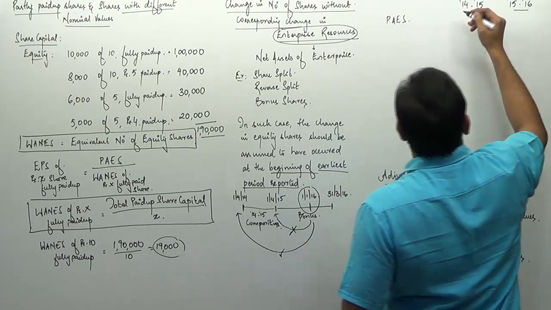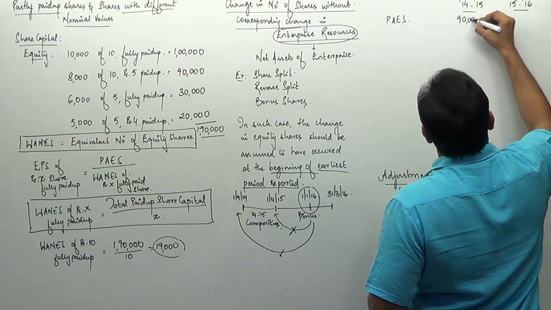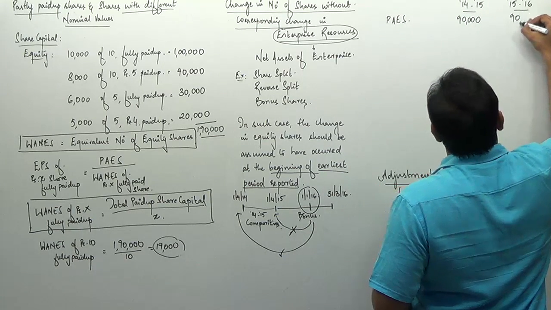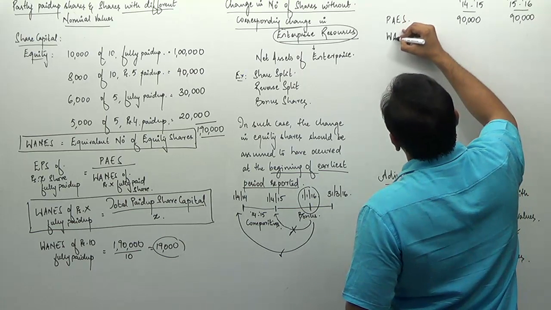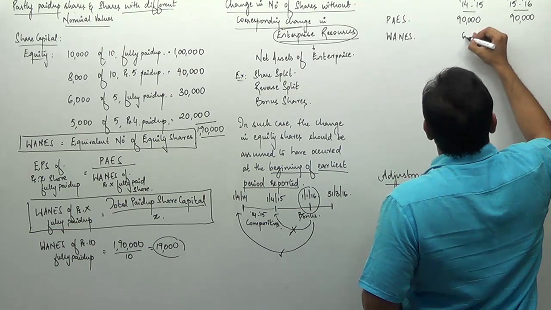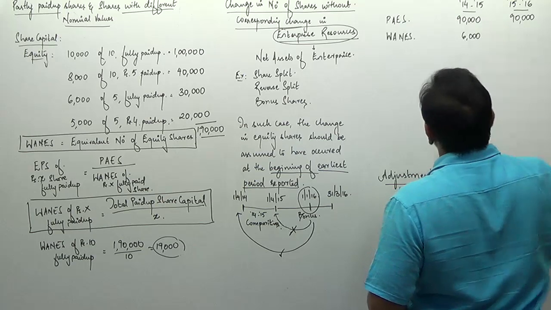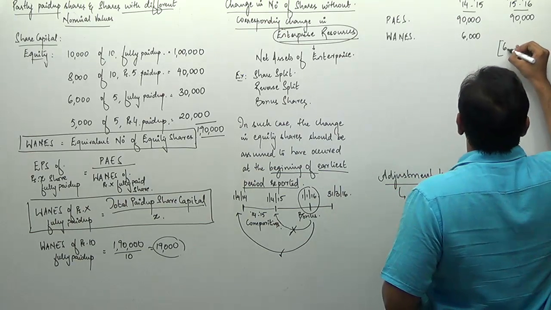Profits available to equity shareholders are 90,000 and 90,000 each. There's no change. My weighted average number of equity shares here was 6,000, but here it was not 6,000.